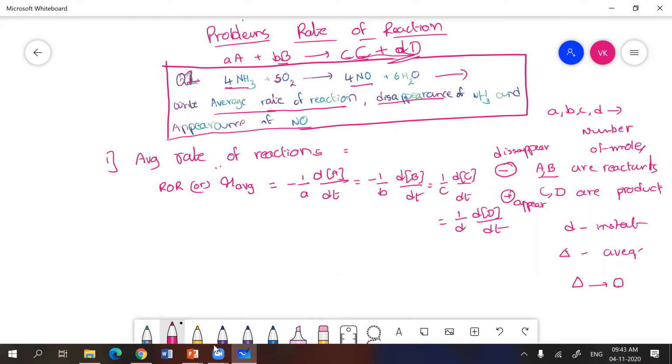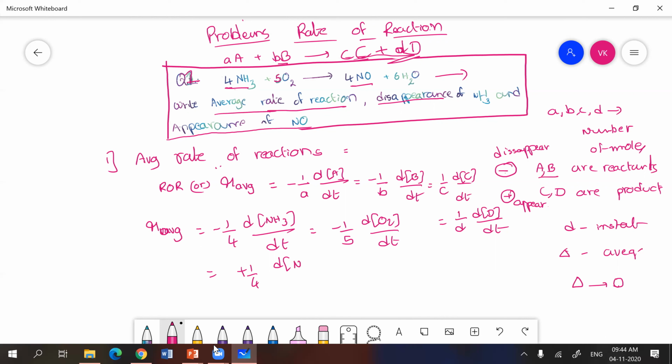Now write this for our reaction, the average rate of reaction. That equals minus 1 over, what is the coefficient here? 4. And the concentration term is ammonia with time. That equals minus 1 over 5, change in concentration of oxygen with time. Now let's move to the product side, where the change in concentration should be plus.